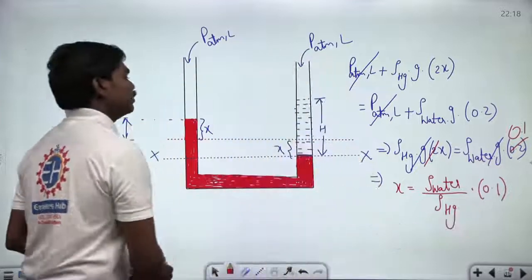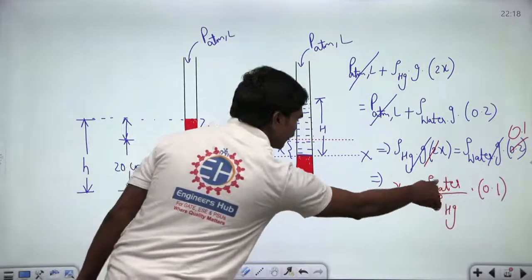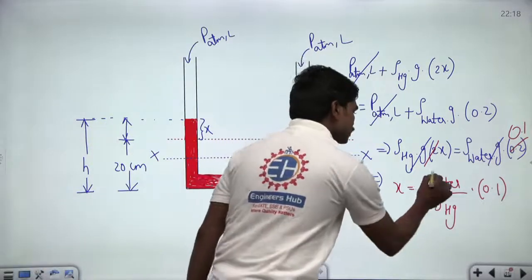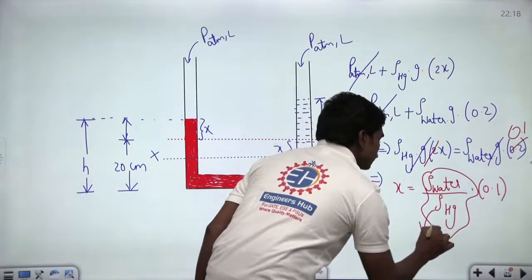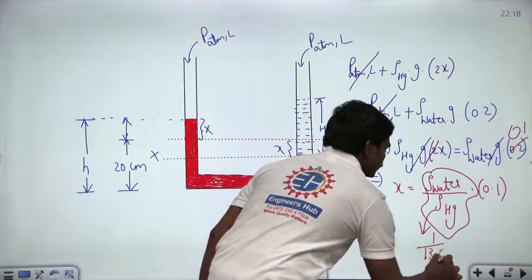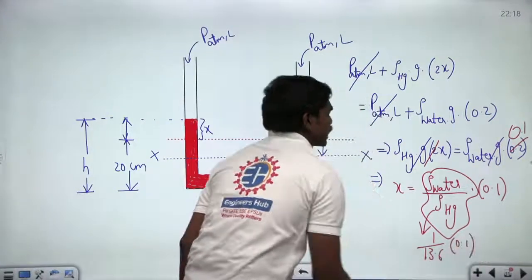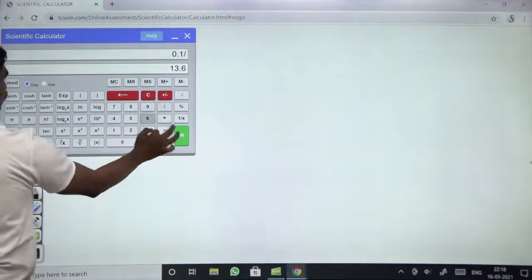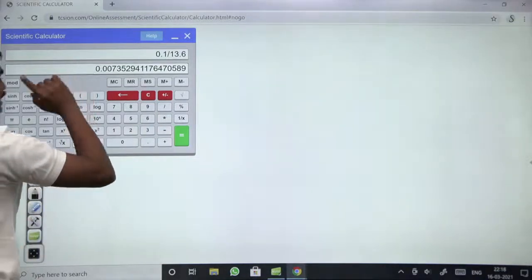So let us calculate this value, correct? Which is nothing but 0.1 divided by 13.6, because this can be written as 1 by 13.6 into 0.1. So 0.1 divided by 13.6 is 0.0075 meters.